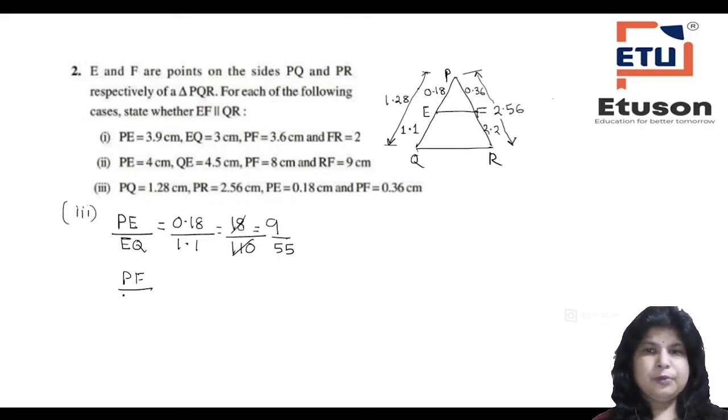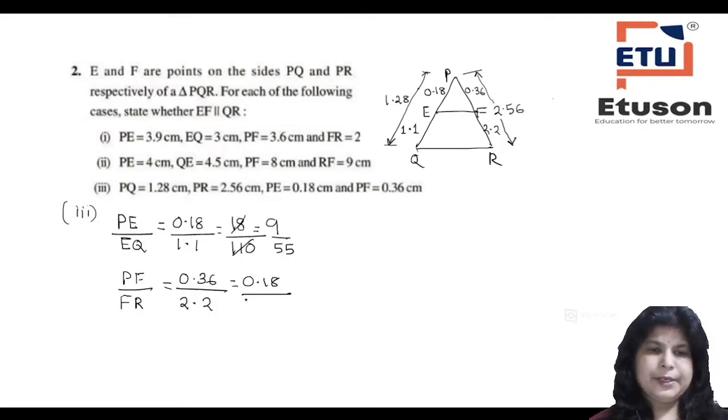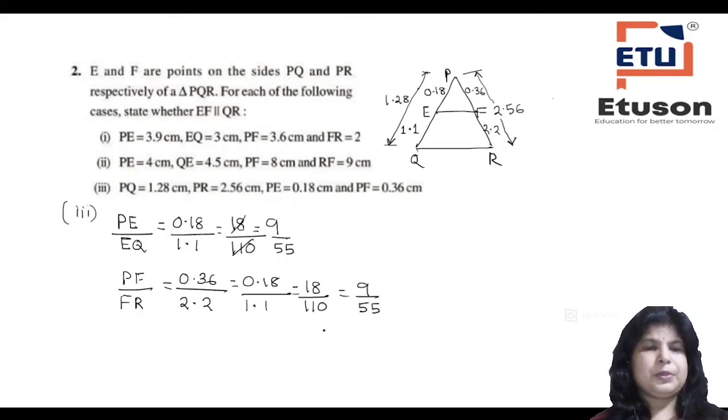So now let us go to the other side. PF by FR is equal to 0.36 divided by 2.2. So that is nothing but equal to again 0.18 divided by 1.1, and that is equal to 18 divided by 110, and that is 9 divided by 55. So both are in the same ratio.